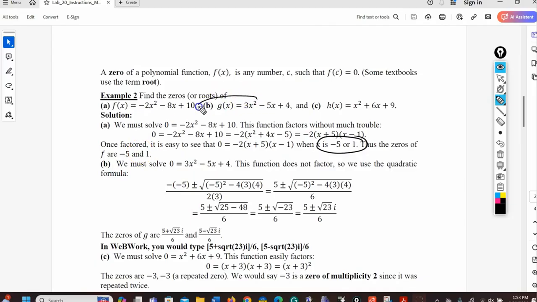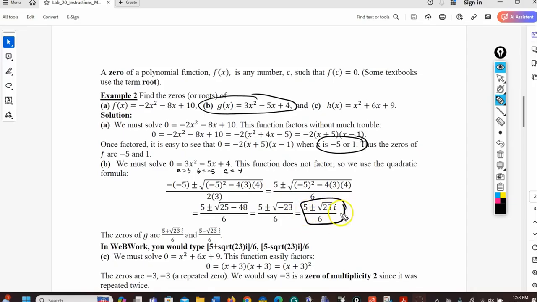Now for this one, if we want to find the zeros, we set it equal to 0 and solve it for x. That function does not factor with any of the tricks we have. When it doesn't factor, you use the quadratic formula to get the zeros. So your a is 3, your b is -5, and your c is equal to 4. Using the quadratic formula, we get this.